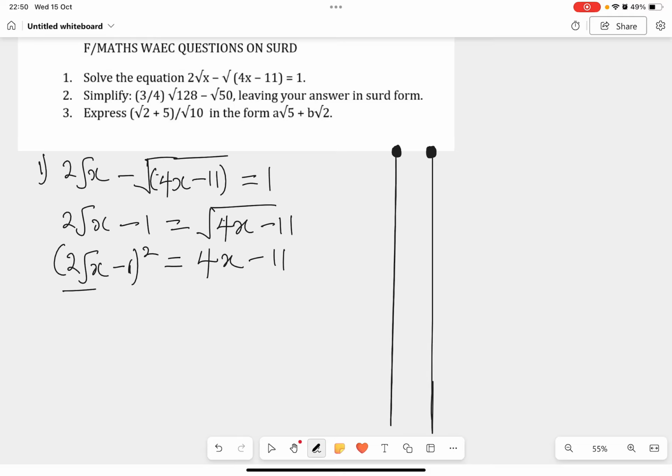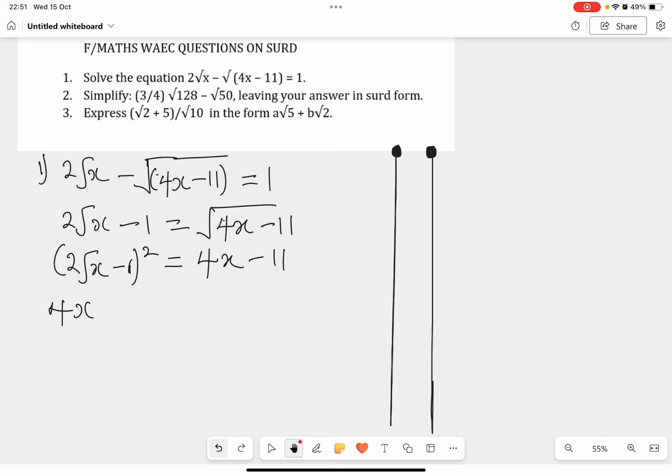How I do this is I do the first term all squared, that is 2 root x times 2 root x. That should give 4x. Then I do the first term times the second term times the power, so that is 2 root x times minus 1 times 2.